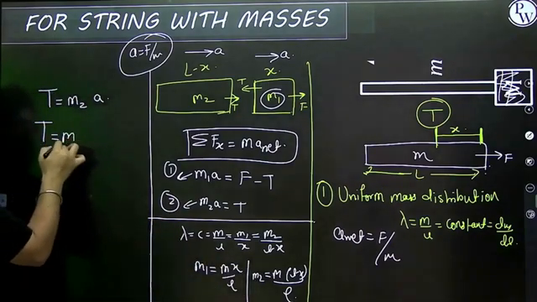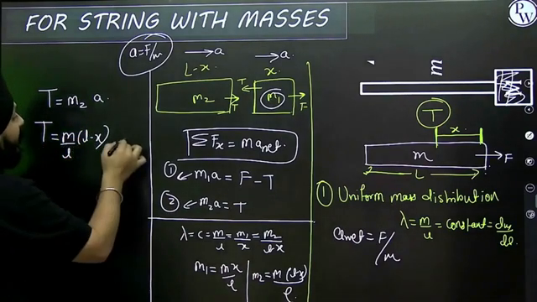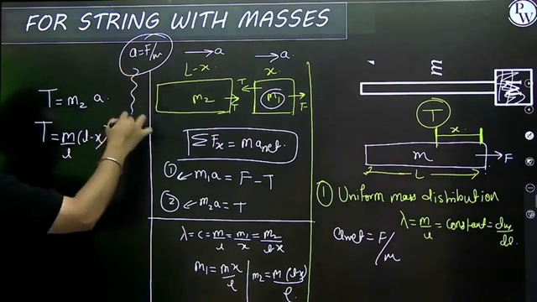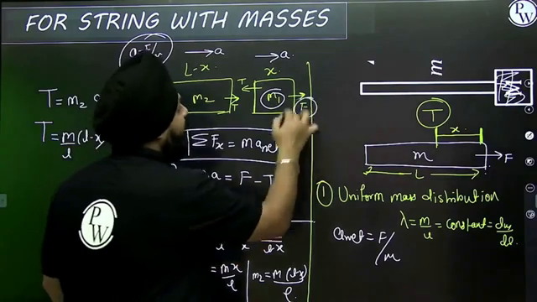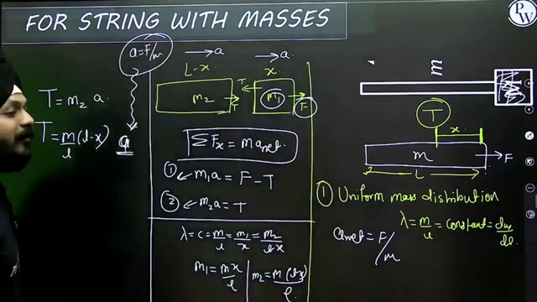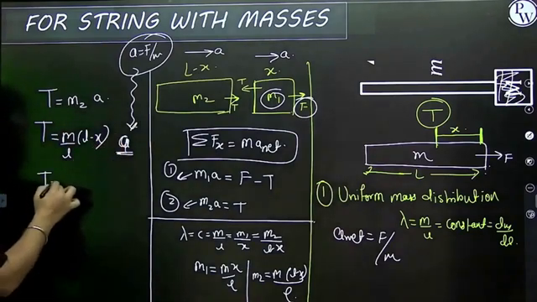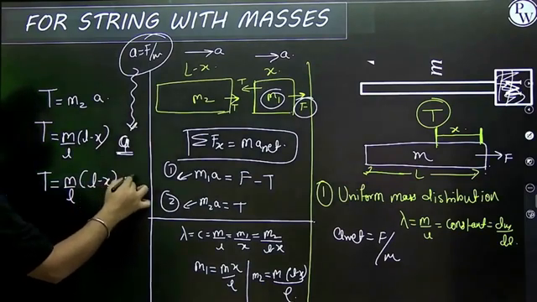The m2 value is m by L into L minus x. Can I replace the value of the net acceleration? Because a is unknown, an intermediate physical quantity, we need the answer in terms of F. So I can write it as m by L into L minus x, into F by m.